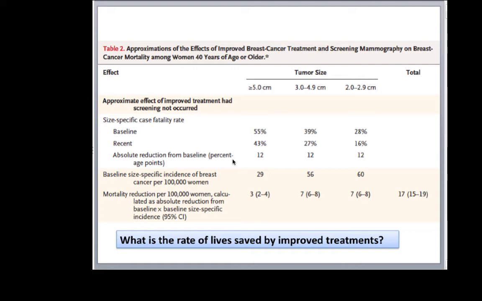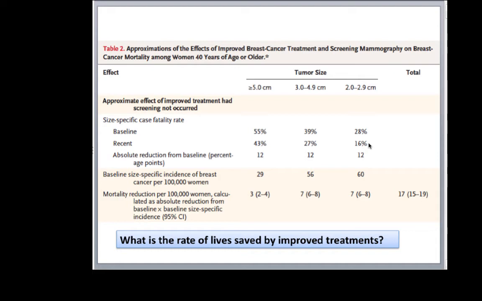Remember in Welch et al., they were able to calculate the case fatality rate for breast cancers with tumors greater than 5 centimeters, between 3 and 4.9 centimeters, and between 2 and 2.9 centimeters. They calculated it before mammography, as well as after mammography had been instated, over a 30-year period from the 1970s to the 2000s.